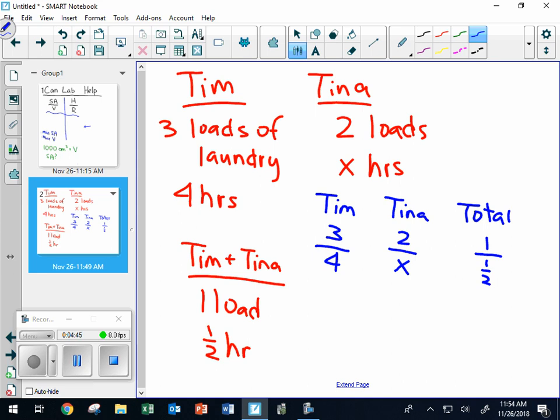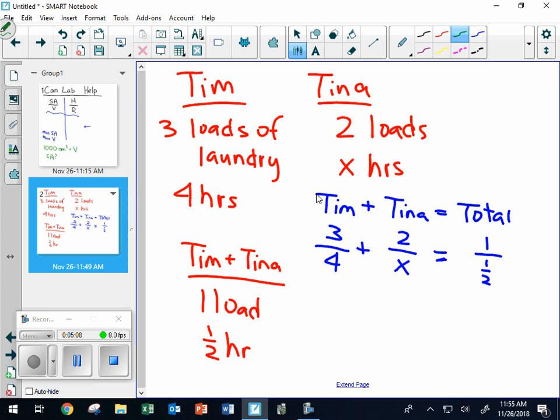If we remember, the sum of the individuals gives us the total. So if we just add these first 2 rates, they equal this last rate here. The first thing that I would like to do here is I have a fraction within a fraction, and I want to convert that to make it easier.